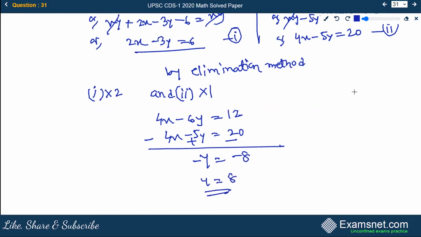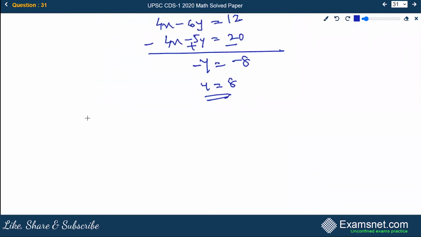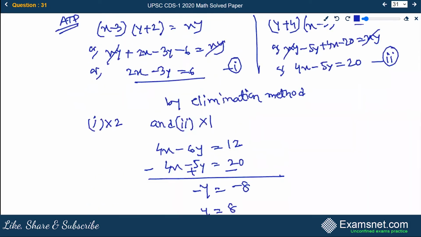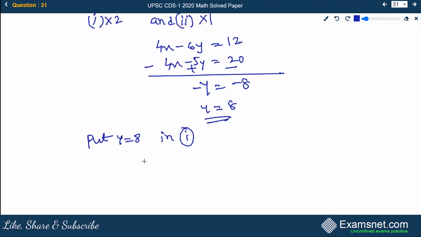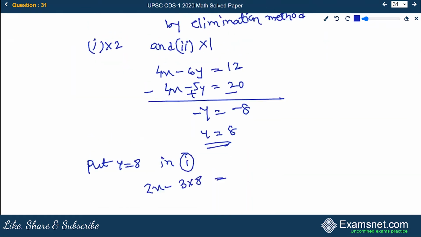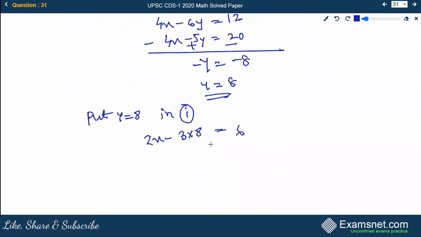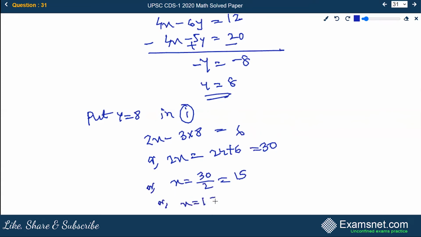Now put the value y equals 8 in equation 1. You will get 2x minus 3 multiplied by 8 equals 6, so 2x equals 30, and the value of x is 15.